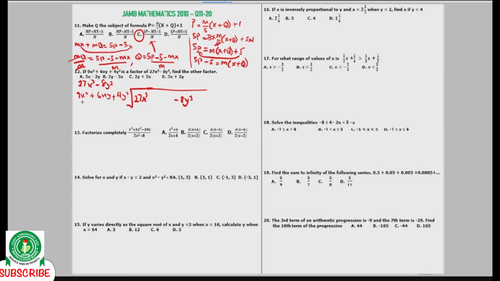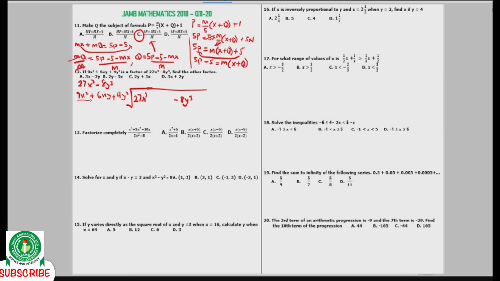Now we have 9x² + 6xy + 4y² as our factor, while this is our polynomial. How do you use long division to get to our factor? We use the first term here to divide the first term here.